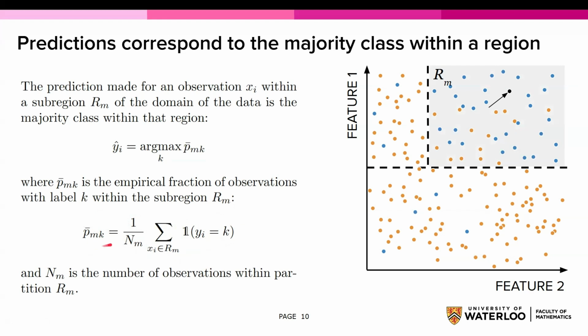So pretty straightforward. We're assigning the label for a new test point as the majority class within a particular subregion.